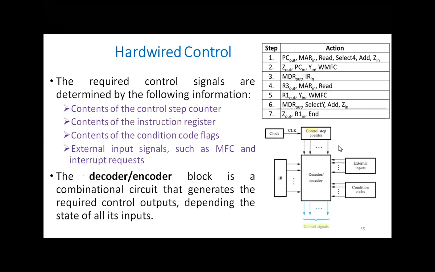I just discussed this in the previous slide, that these are the control steps and these are the control signals, and these are generated by this encoder. This control step counter tells the current stage of the execution, whether the instruction is in the IF stage, where IF means instruction fetch, or in the ID stage, where ID means instruction decode, or in the EX stage, where EX means ALU operation, or in the MEM stage, where MEM means memory operation, or in the write back stage.